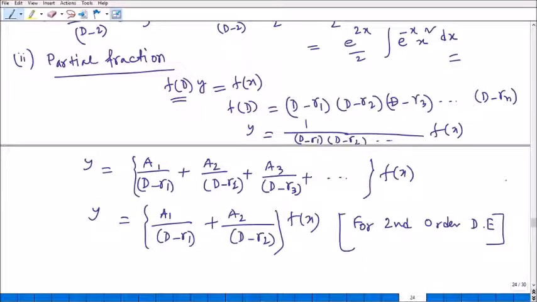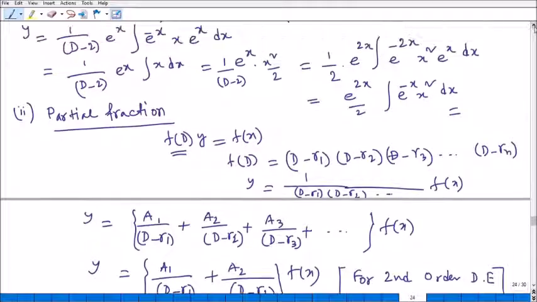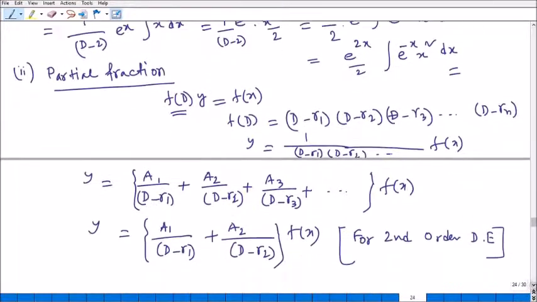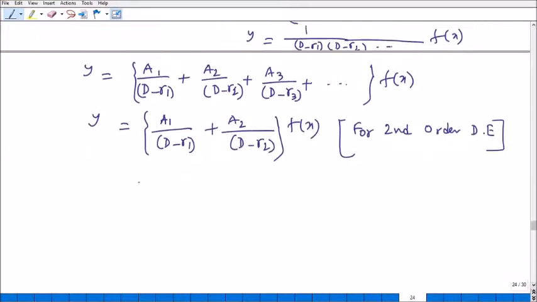Now let us see the last example which I explained in the successive integration method, that is d square minus 3d plus 2 operating on y is equal to x e to the power x. So taking the same differential equation, which is y double dash minus 3y dash plus 2y equal to x e to the power x.